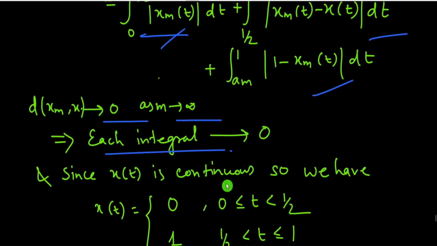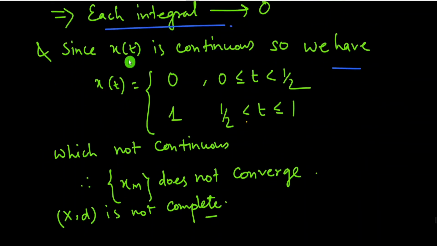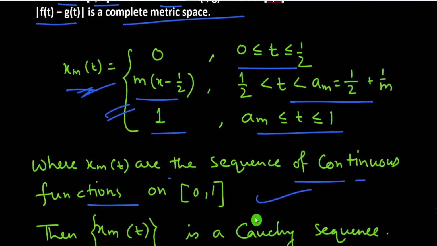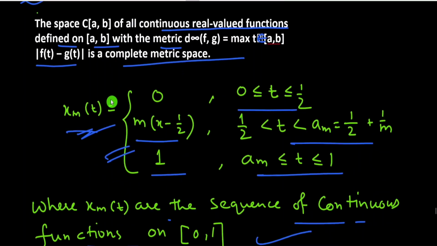Since x_m(t) is continuous, we have the limit function x(t), which is not continuous. Therefore the sequence x_m(t) does not converge, therefore X2 is not a complete metric space. Therefore X1 is complete but X2 is not complete. Option B is correct here.